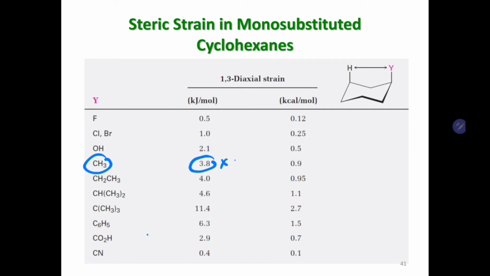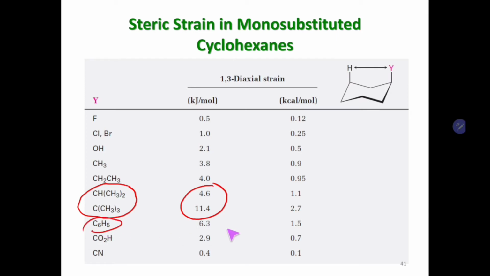So you always have 2, right? You always have 2. So that is how you get 7.6. But as you can see, if you have bigger substituents, then the steric strain is even larger.